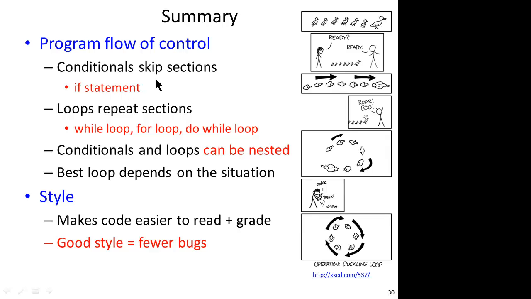And exactly which loop you use depends on the situation, and as you become an experienced programmer, you'll get used to deciding very quickly, oh, I should use a for loop, or no, this is better for a while loop, or oh, I better break out the do while loop for this. All right, anything you can do in one of these, you can do in the others. It's just a matter of what's slightly easier than the other.